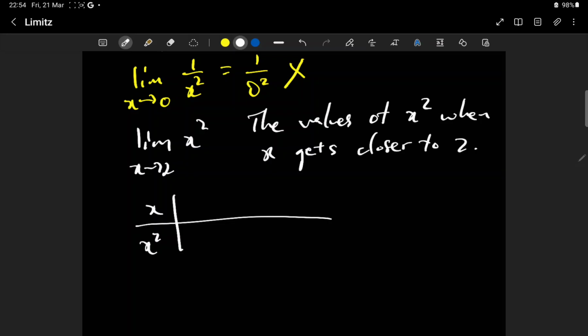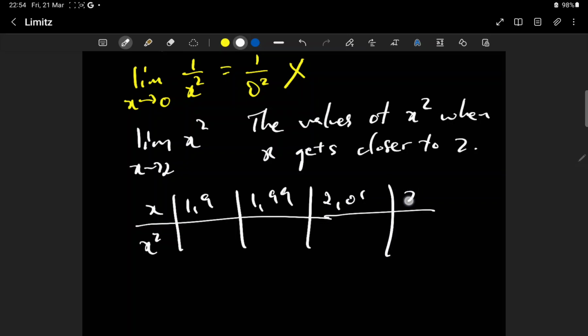From the left of 2, maybe 1.9, then 1.99 and so forth, and on the right of 2 we can have 2.01, 2.001, etc. Let's say we pick values which are very close to 2.